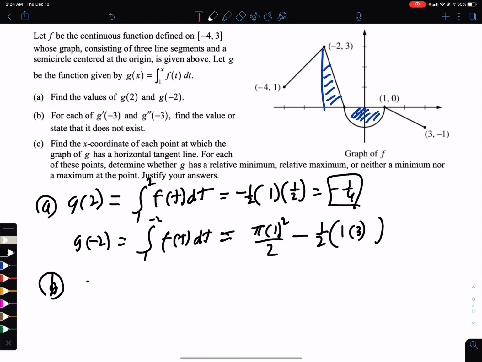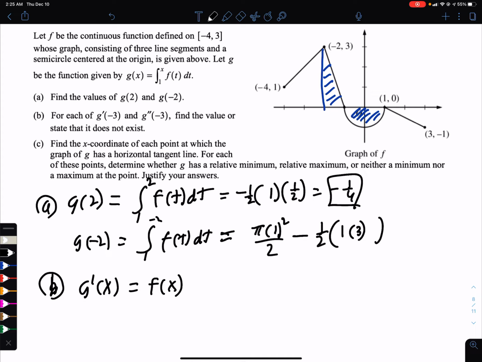So how do I find the derivative of g? G, I don't know. Or do I? Well, here's g. What's the derivative? Remember that fundamental theorem? If that's a constant and that x matches your variable, all you do is plug in x for t. So that's going to be f of x.